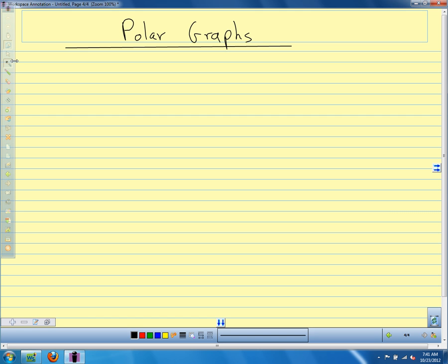So I want to start just by asking some questions about what these graphs look like without using our calculator, just thinking about what the graph is telling us, what the information is telling us. So let's convert to rectangular coordinates.